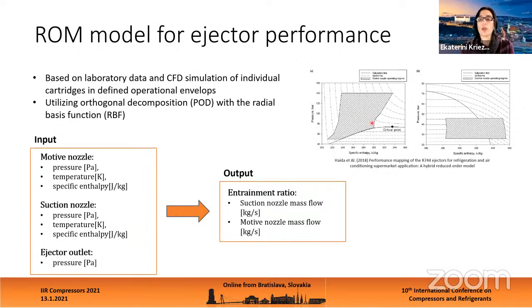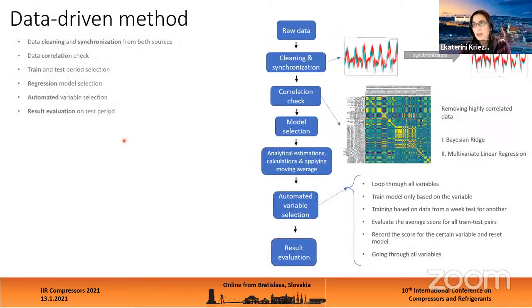Outside of those design envelopes, there is no verification of the accuracy and the validity of the model. Otherwise, it's quite easy to use, using as input the motive nozzle and suction nozzle conditions, pressure, temperature, and the pressure at the outlet. As an output, we get the mass flow of the suction and motive flow. Hence, we can calculate the entrainment ratio.